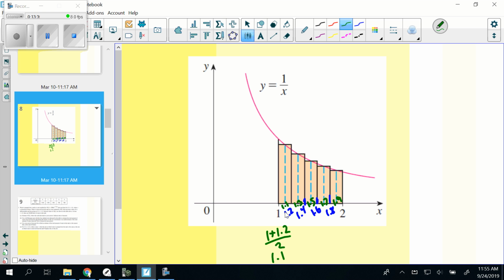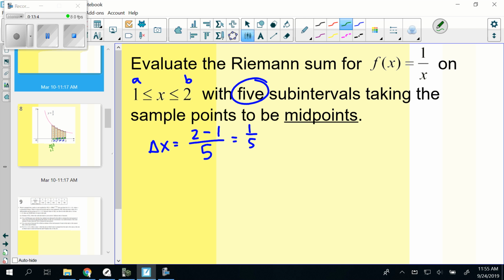So how would this one go then? We would do this as a midpoint. I'm going to use M for midpoint 5.